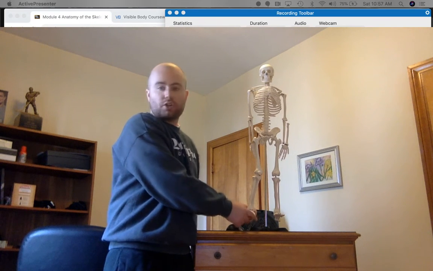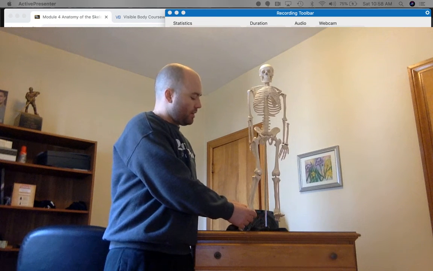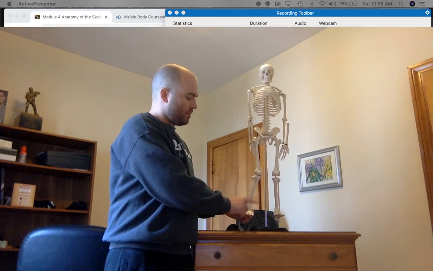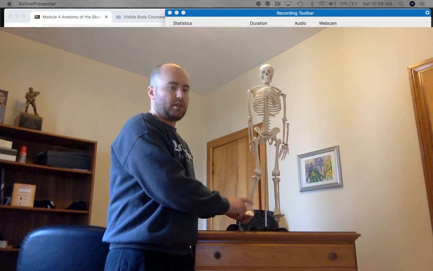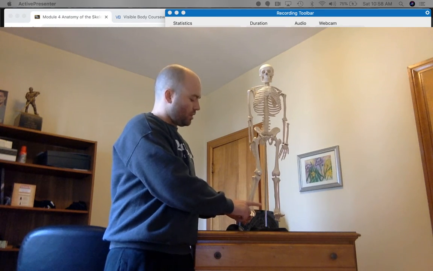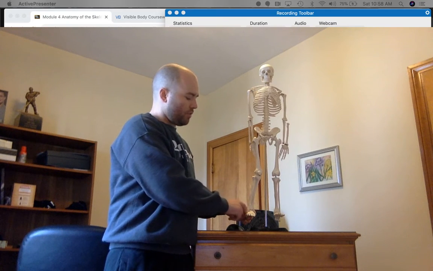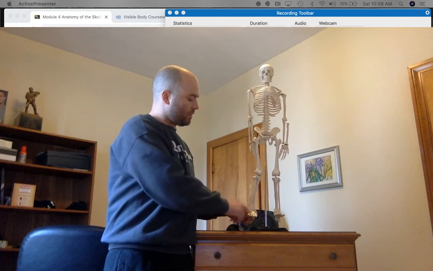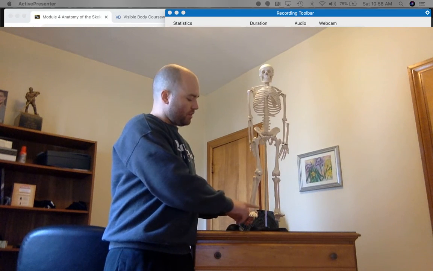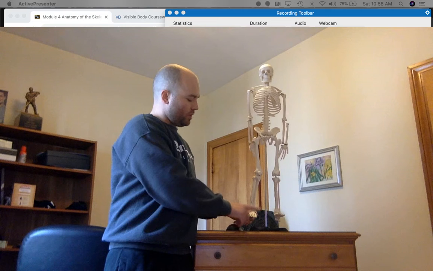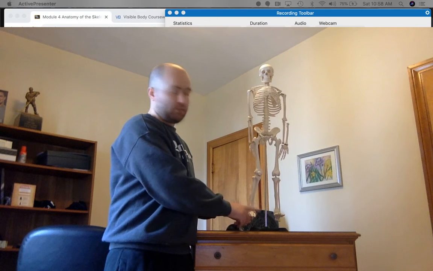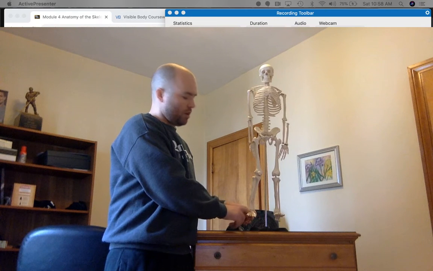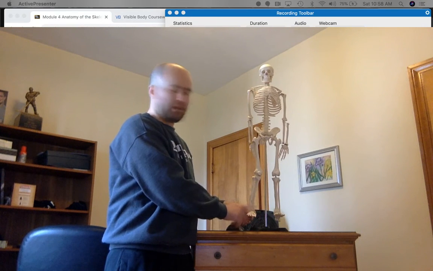And then similar to the phalanxes of the fingers, for your toes, we have metatarsals, similarly labeled first, second, third, fourth, and fifth, moving from medial to lateral, and then the phalanxes of the foot. We have proximal and distal phalanx for the first toe, and then proximal, middle, and distal phalanxes for the second through the fifth toes.